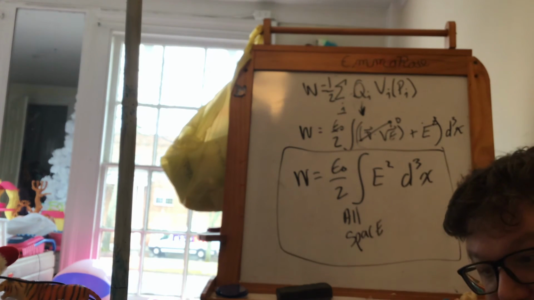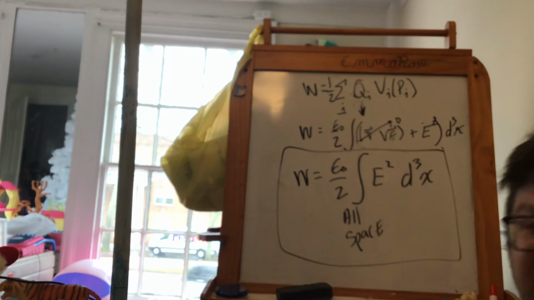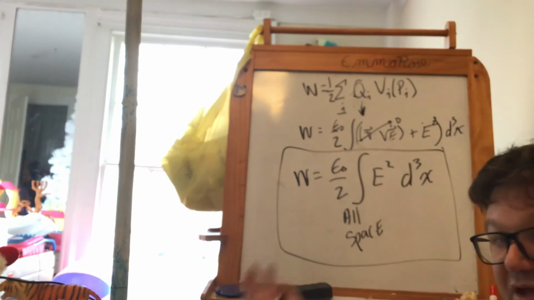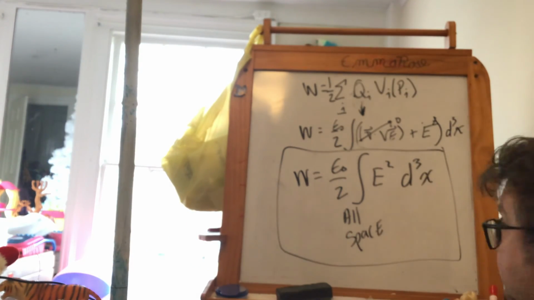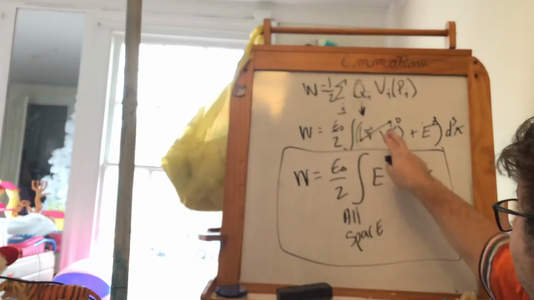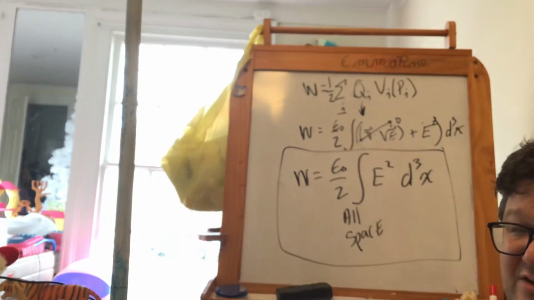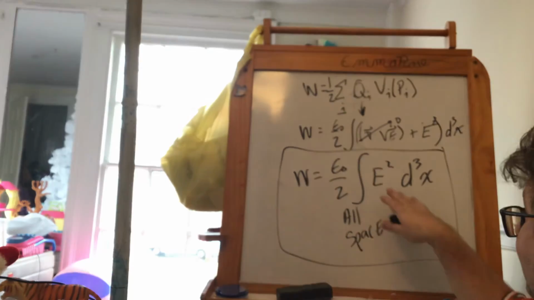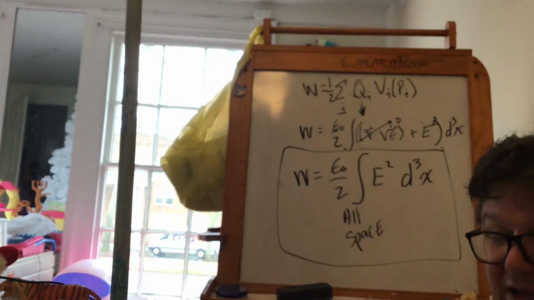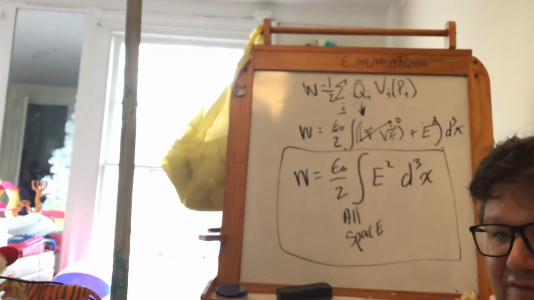Because the only way I could make that approximation to make that go to 0 is if I included everything. So if I include everything, that term goes to 0, and I can determine the total energy by just squaring the E field.